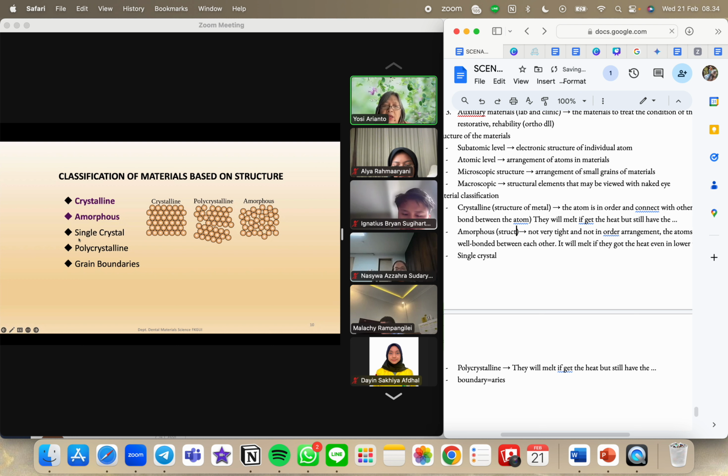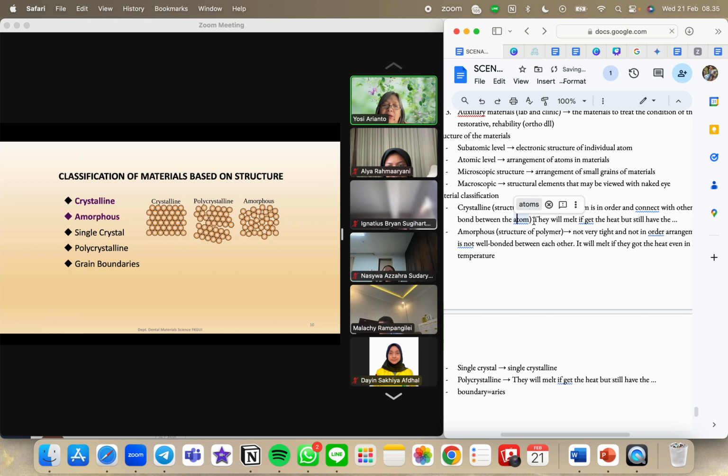So, single crystal means we have all of this one crystalline, the same, and only one crystal. I mean, not one atom, but it's the same arrangement.